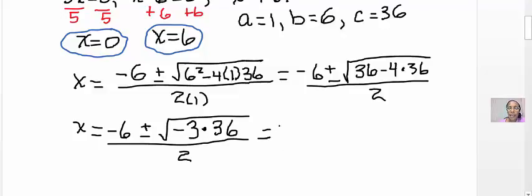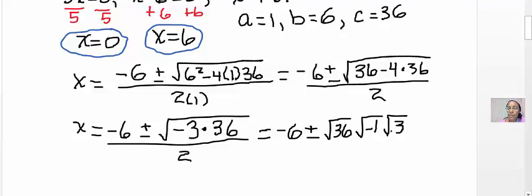The reason I do that is because it saves me a little bit of time. I take this radical and write it as the product of 3 radicals. My first radical is the perfect square, the square root of 36. My middle radical is the square root of negative 1. My last radical is the square root of 3.